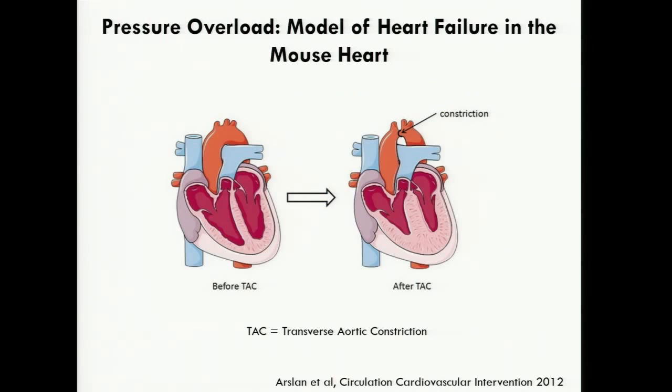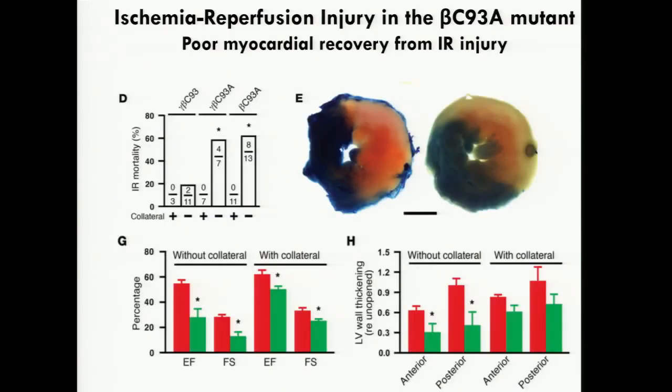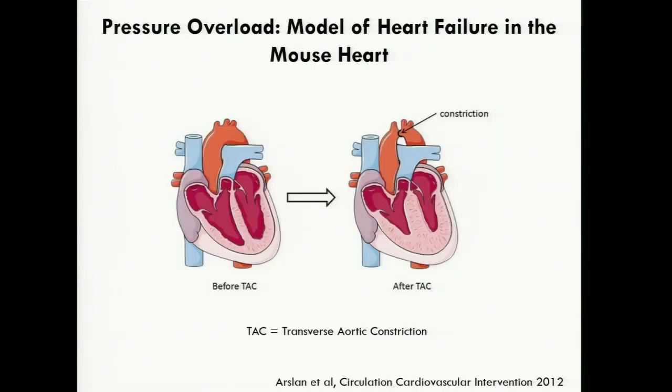So to conclude, they basically showed that with the same amount of ischemia, there was more damage and reduced function in the animals with this hemoglobin mutation. So they looked at another model in the mouse of heart failure. This is acute pressure overload. In this model, one induces a constriction of the aorta.